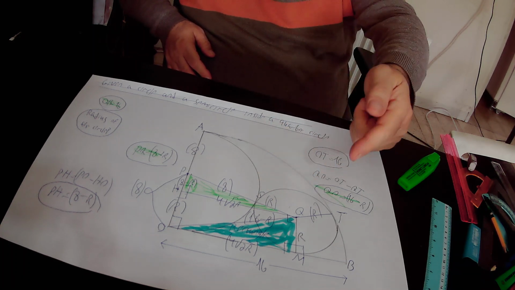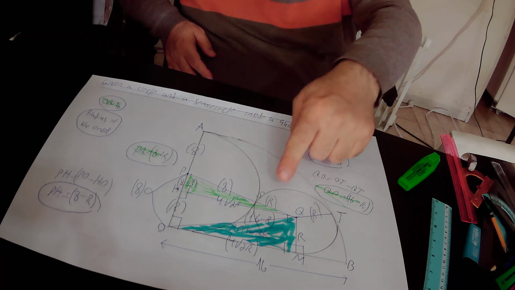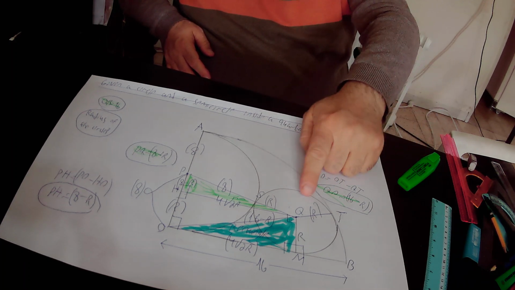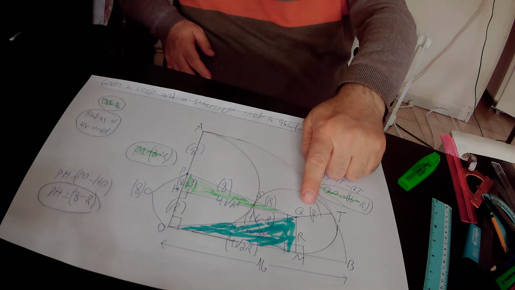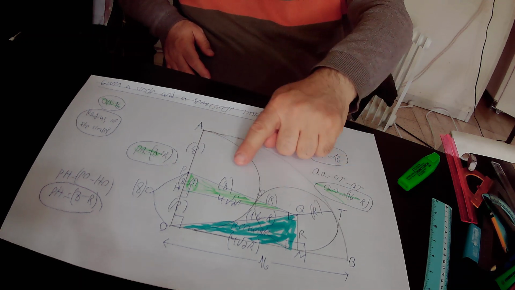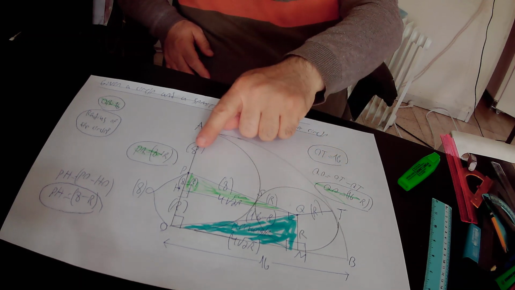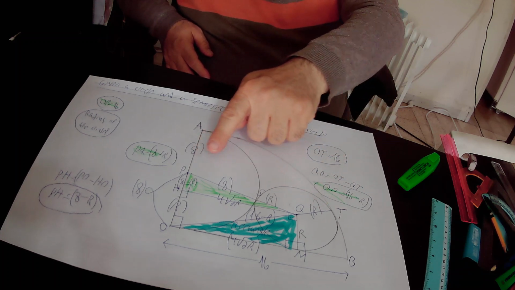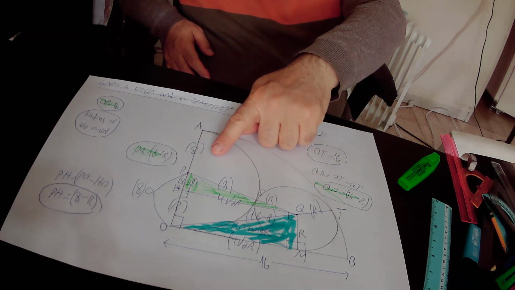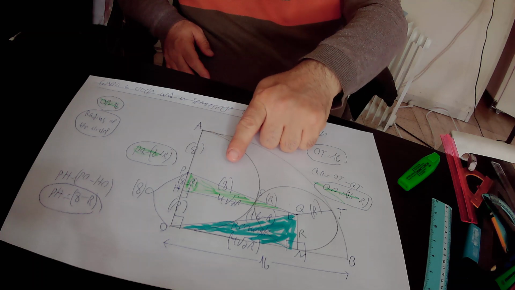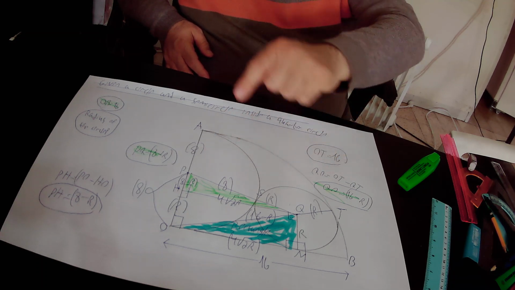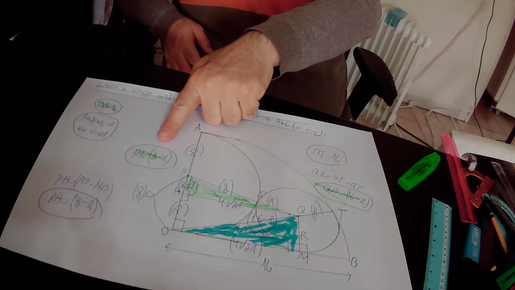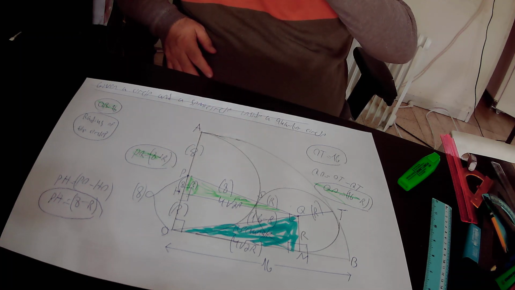So, therefore, QS is the radius of this small circle, that's equal to R. So, in total, PQ equals 8 plus R. Why? Because we know that PSQ is one straight line, therefore PQ is one straight line, and it is equal in total to 8 plus R. And again, PQ equals 8 plus R.